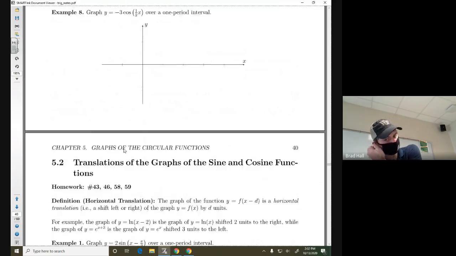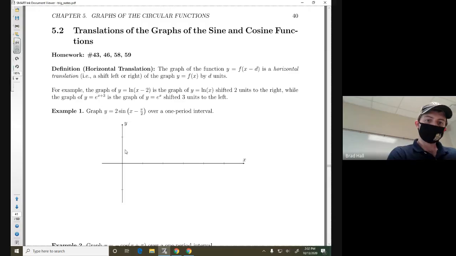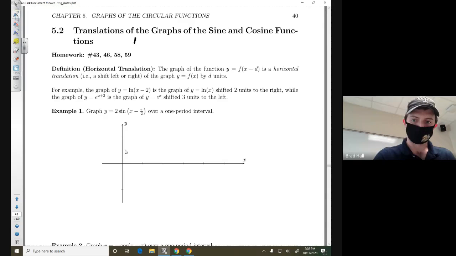In the book, I want to say this is section 4.2. Yeah, 4.2.